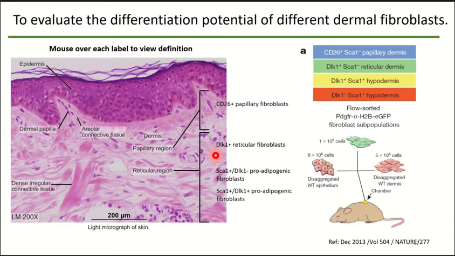DLK1 positive reticular fibroblasts extend to the lower dense area of dermal ECM, and 2 additional pro-adipogenic types of fibroblasts identified as SCA1 positive and DLK1 negative and SCA1 positive and DLK1 positive, which are located in the lower reticular dermis.